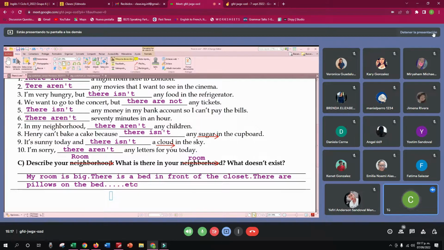Esta estructura es bastante fácil, digámoslo así, para utilizarla cuando ustedes describan algo, ¿verdad? Recuerden que there is, there are es para existencia, algo que existe, ¿verdad? Y también las preposiciones del lugar, que son muy importantes, ¿ok?